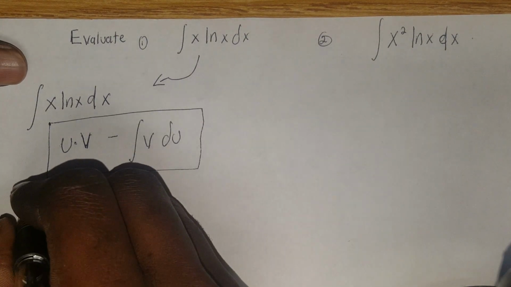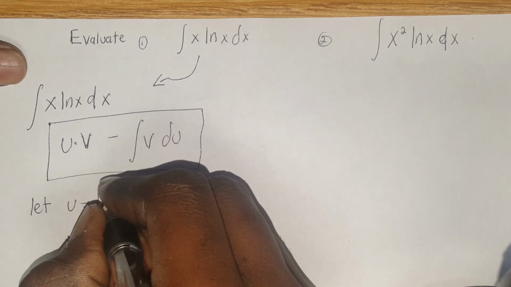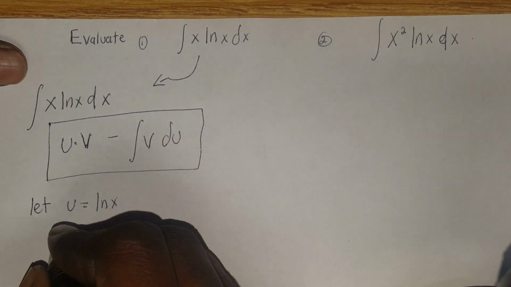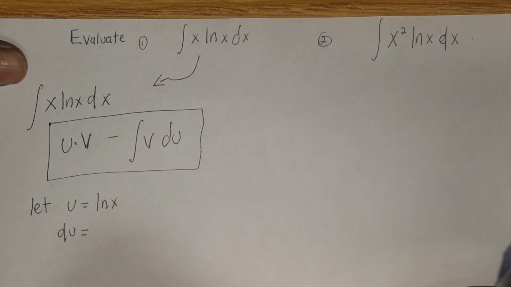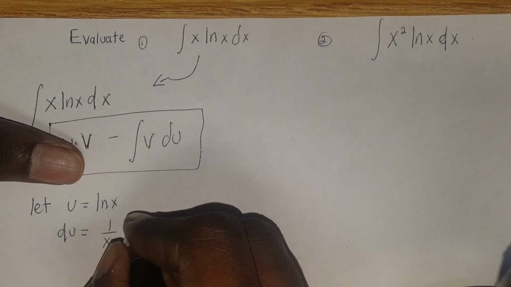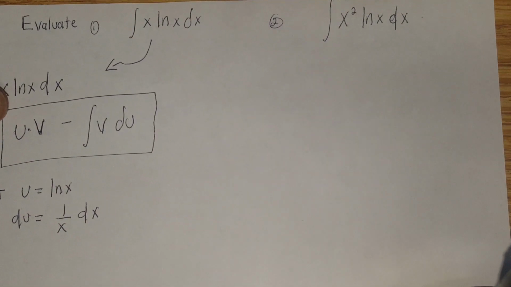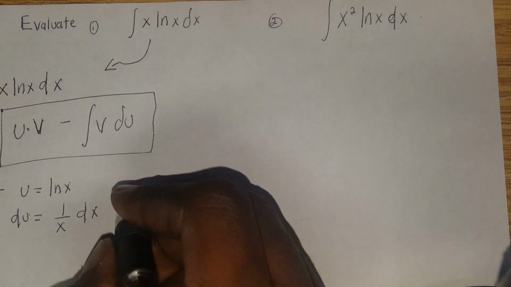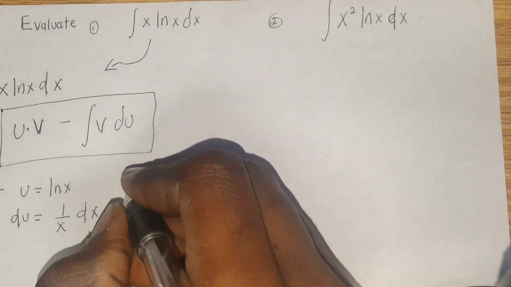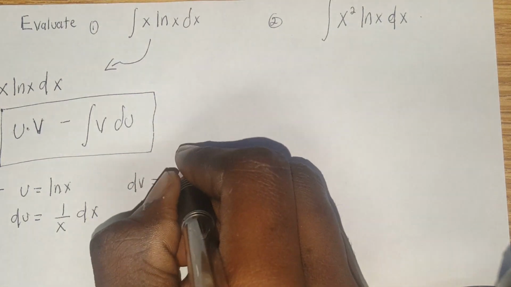Therefore, I will let my u be equal to natural log of x, and my du, if you differentiate natural log x, you get 1 over x dx. I will let my dv be equal to x dx.